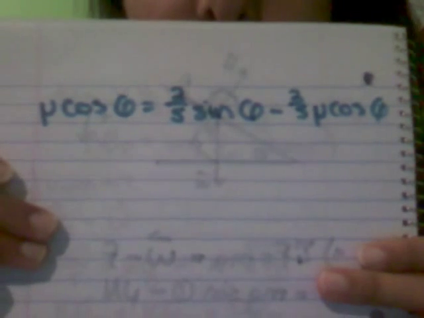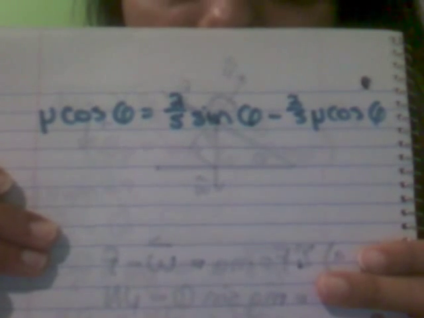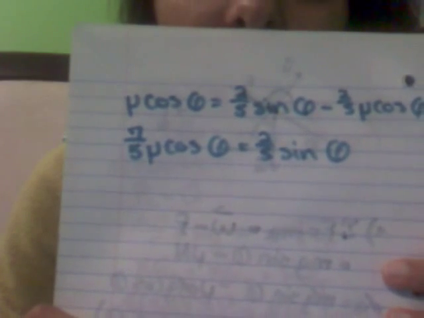Now we're going to add 2/5 mu cosine theta to both sides so that we can isolate the mu's. And so we get 7/5 mu cosine theta equal to 2/5 sine theta. Alright, now we're solving for mu, so we'll divide both sides by 7/5 cosine theta. So mu is equal to 2/5 sine theta divided by 7/5 cosine theta.